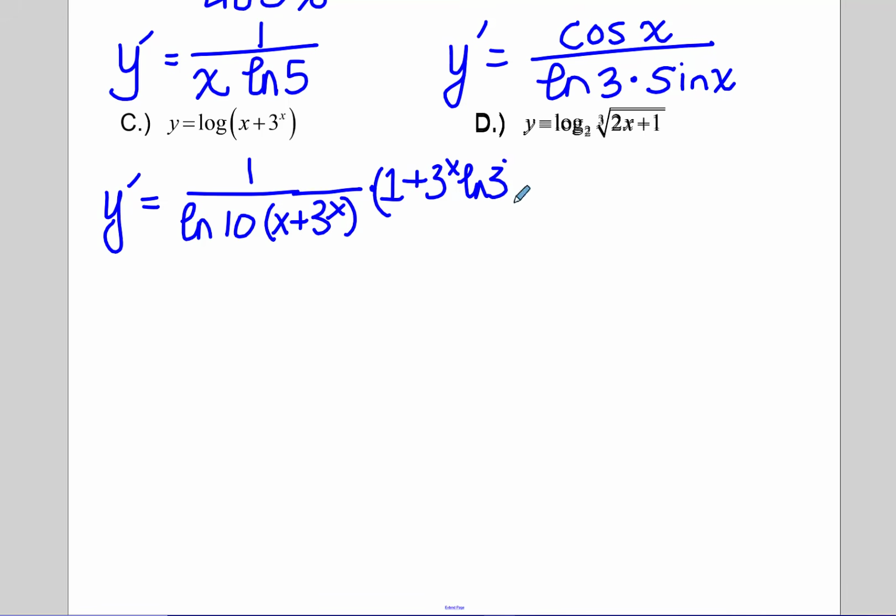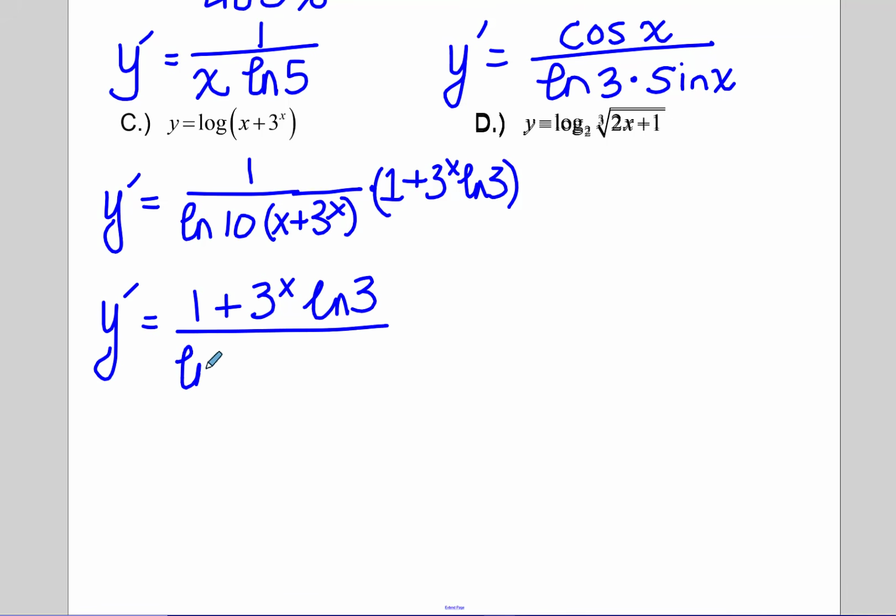So I've got to multiply that times the fraction. So we've got 1 plus 3 to the x power natural log of 3 divided by natural log 10 times x plus 3 to the x power.